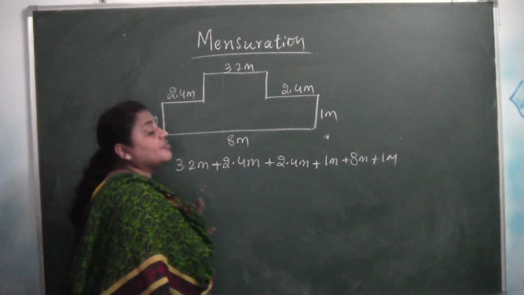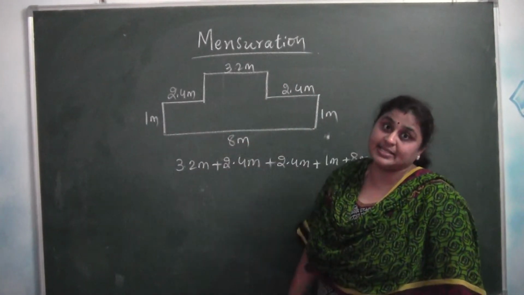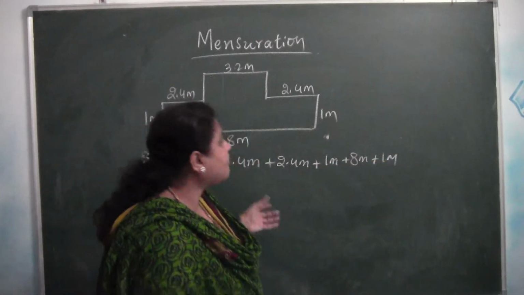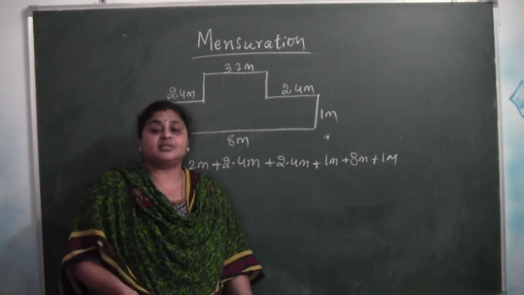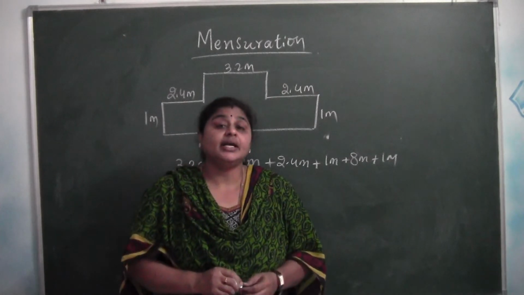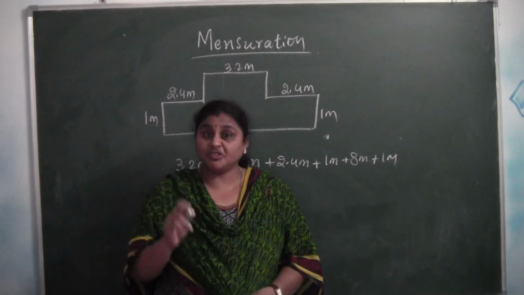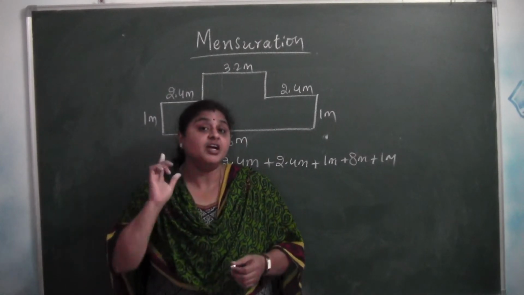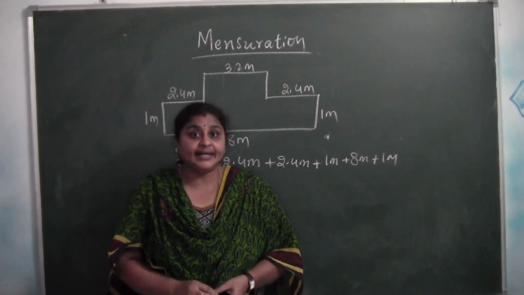So this is just add up all the measurements, you will get the perimeter. And always the perimeter is measured in terms of meters, and area is measured in terms of square meters, that is square meters or square centimeters.